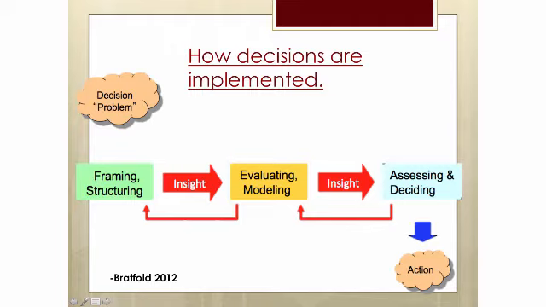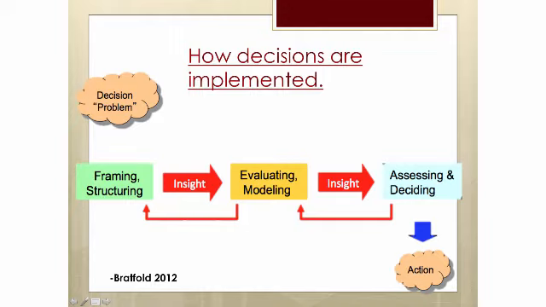How decisions are implemented. This is a diagrammatic illustration of how decision analysis is used within businesses and industries. Firstly, you would identify the problem. You would then move into the framing and structuring stage. This is where you identify what the actual problem is and put it in a manner that is easy to tackle. From there, you move to the evaluating modeling stage.